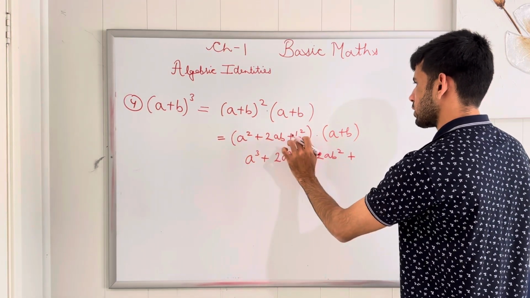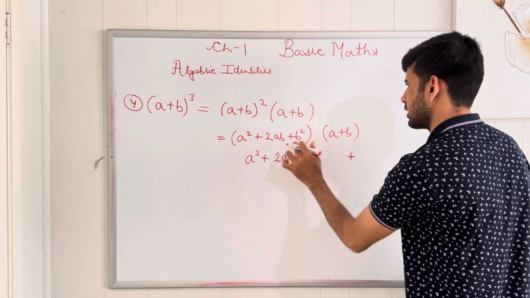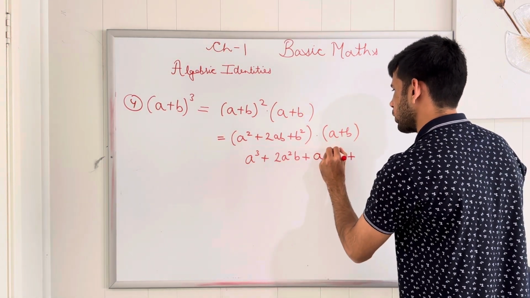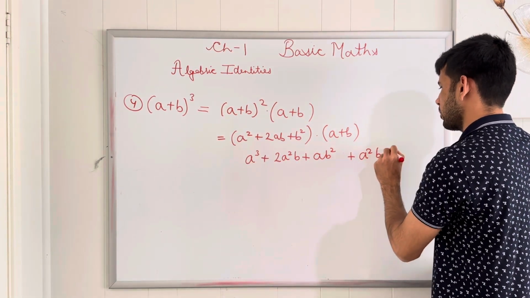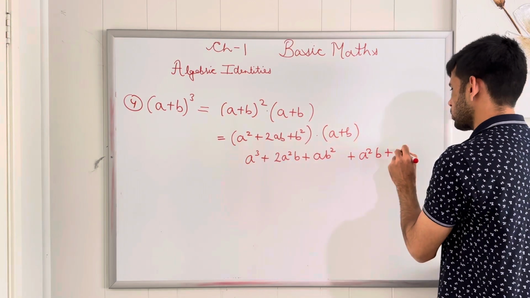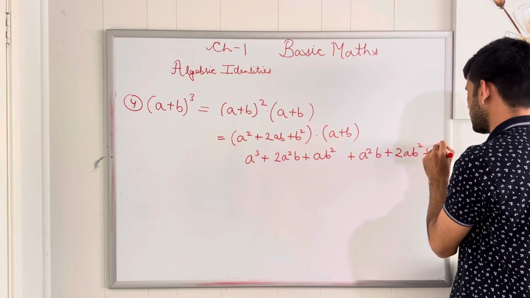I'm multiplying a with this term, so I just forgot this one. Here we will just write down ab square, and now we multiply b with this one, so it will be a square b plus 2ab square and plus b cube, right?